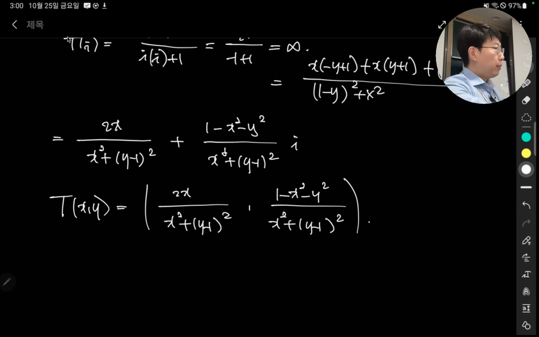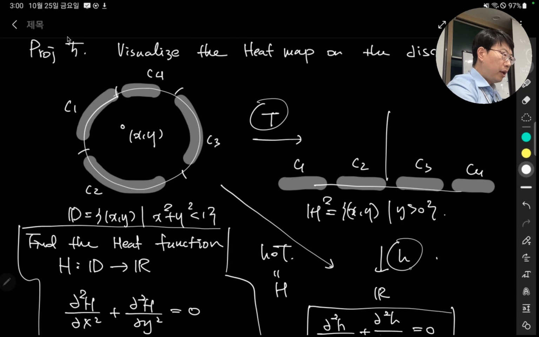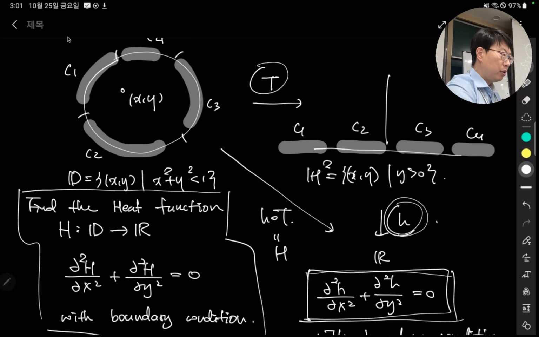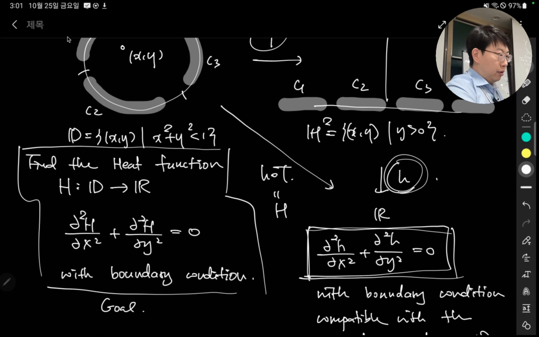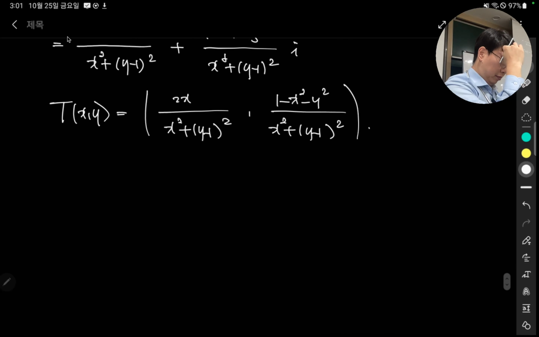So what's the next part? We need to find the map from the upper plane, this H, to R, satisfying the heat equation, this partial differential equation. So now we need to talk about the theorem.